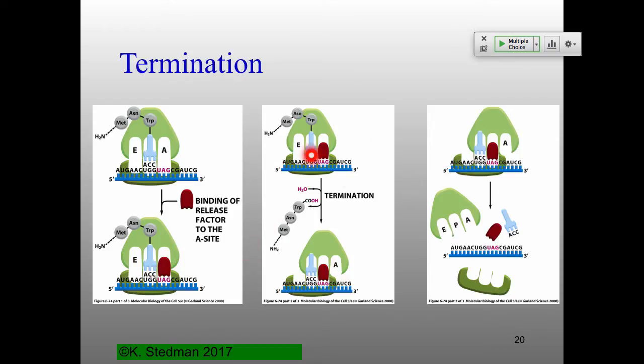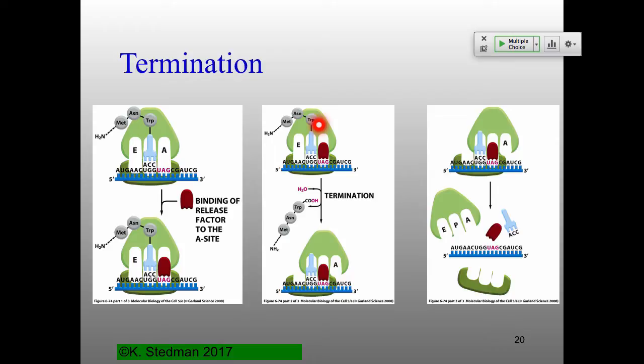Once you have this interaction, this apparently tricks the ribosome into trying to make a peptide bond to the non-existent amino acid, which is present at the end of the non-existent tRNA in the A site.